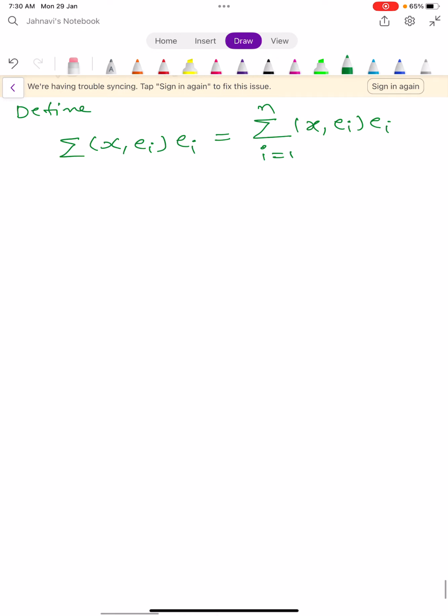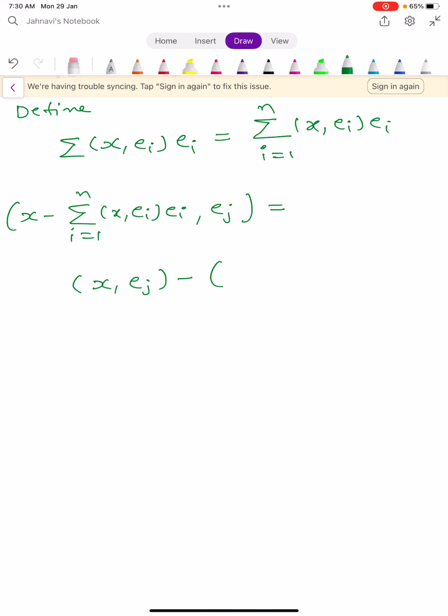So let us calculate the inner product of x minus summation over i equal to 1 to n of inner product of x comma e_i into e_i, comma e_j, which is equal to inner product of x comma e_j minus inner product of summation over i equal to 1 to n of inner product of x comma e_i into e_i, comma e_j.